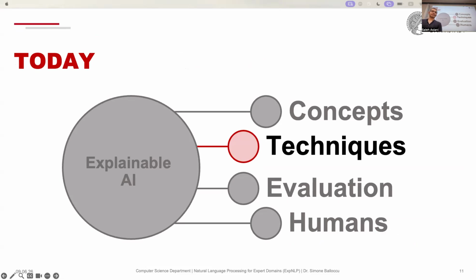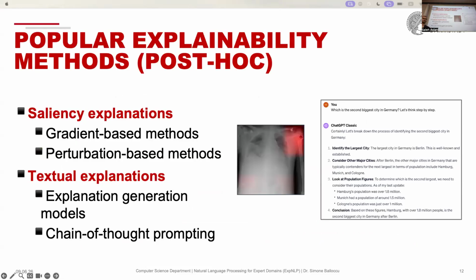Let's talk about the techniques that we use. The popular choices and techniques are saliency explanations and textual explanations. So what do we mean by saliency explanations? Basically, saliency explanation is when we look into what parts of the input mattered most for the model's prediction.